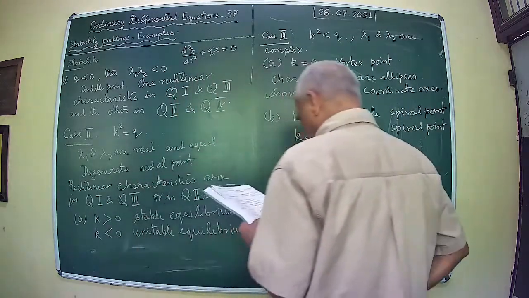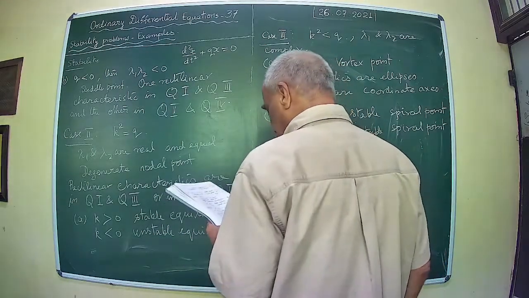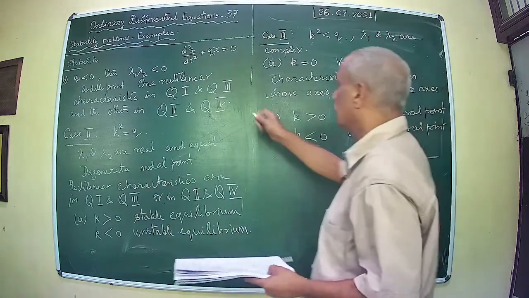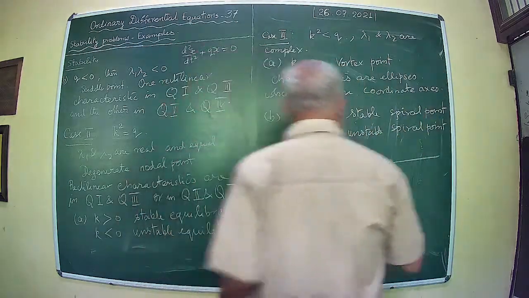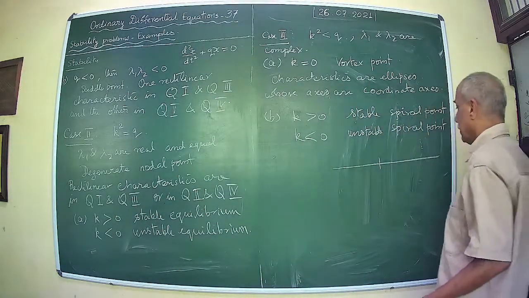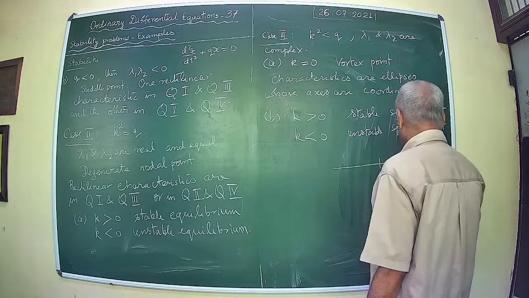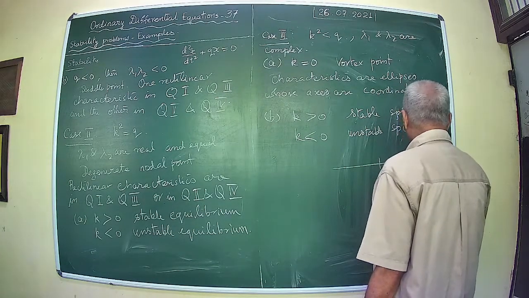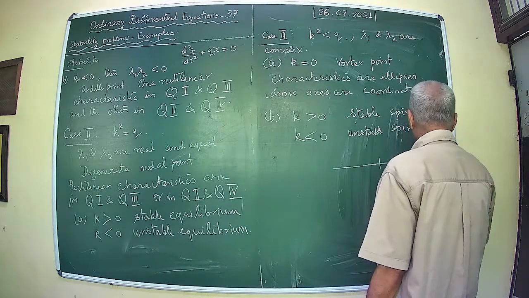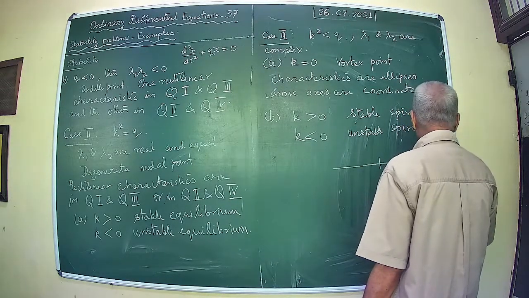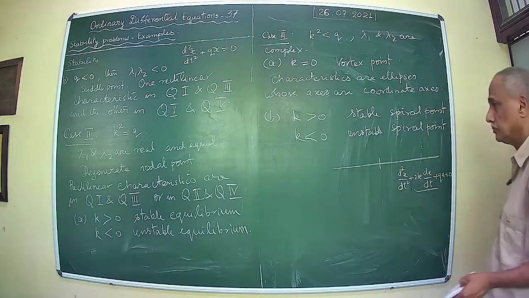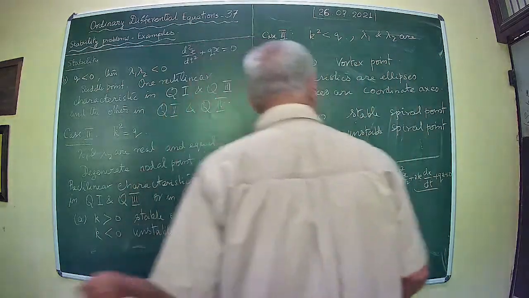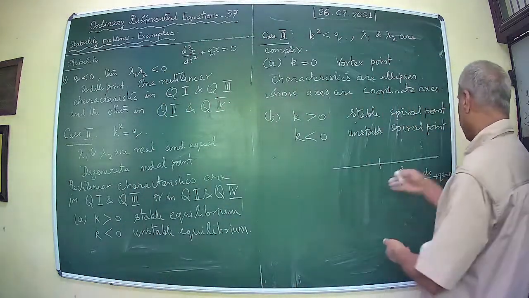Now you see, if you have the case, what is K positive? When K positive, the situation is this. K is the, see, you have the damping force there. So the damping force is, this is what you have, d2x by dt square. This is the damping force. If K is positive, then what happens? You have the thing pulling back.